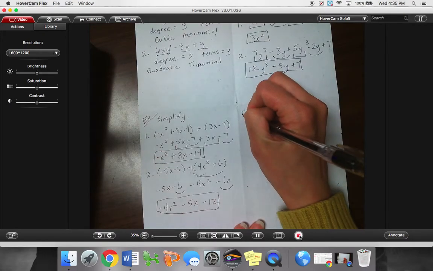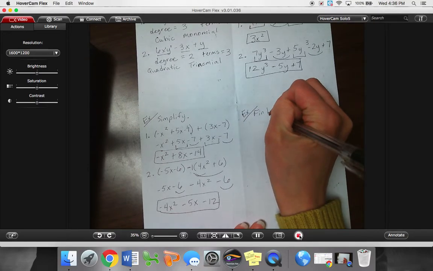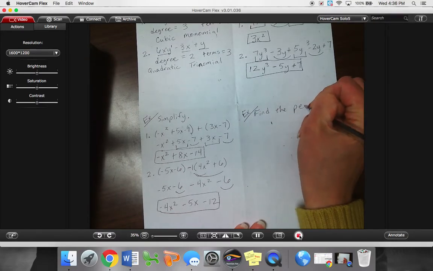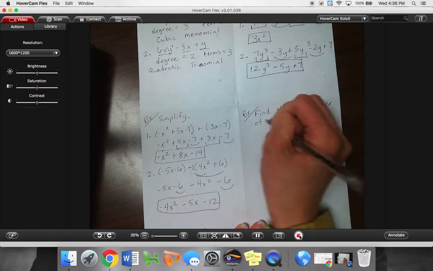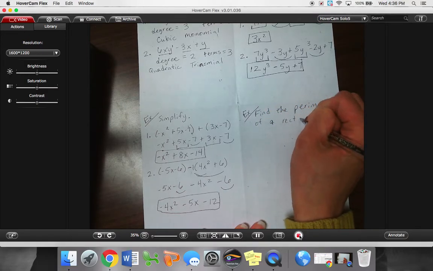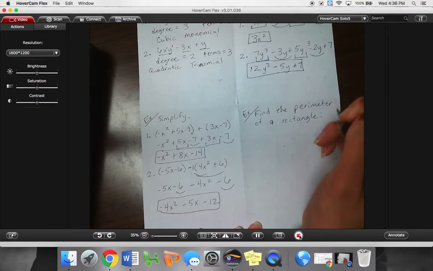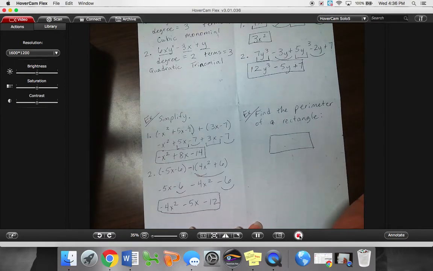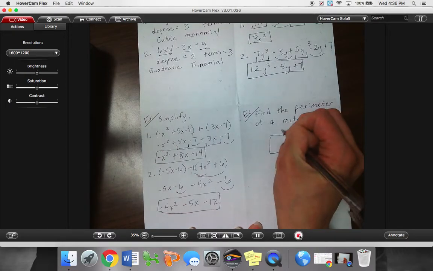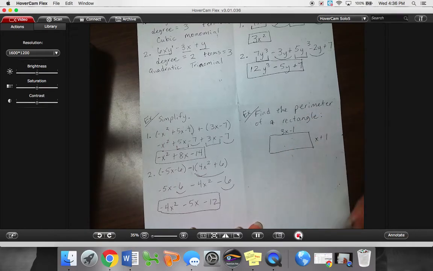Last box. The directions are: find the perimeter of a rectangle. They're going to give you a picture of a rectangle. They're going to tell you these sides.